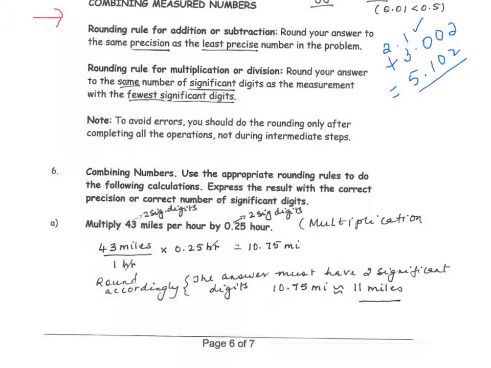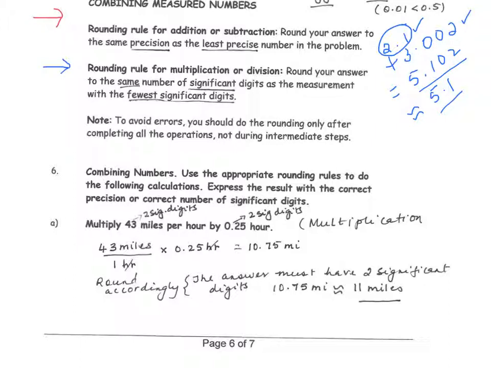The first number is precise up to the first decimal place. The second number has 3 decimal places. So the least precise number is 2.1. So we round our answer to 1 decimal place. So that becomes 5.1. Now, what are the rules of rounding related to multiplication and division?